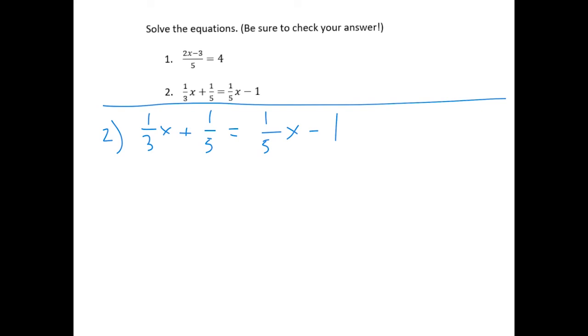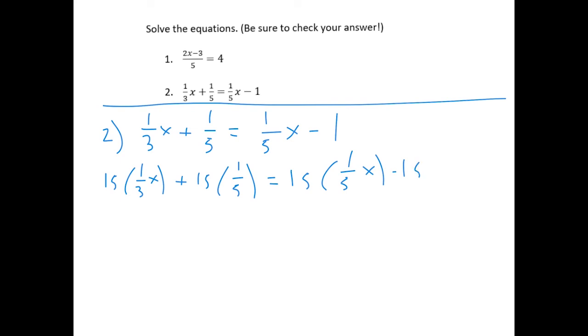Okay, so I'll multiply through, multiply everything by 15. So 15 times 1/3 x plus 15 times 1/5 equals 15 times 1/5 x minus 15 times 1.